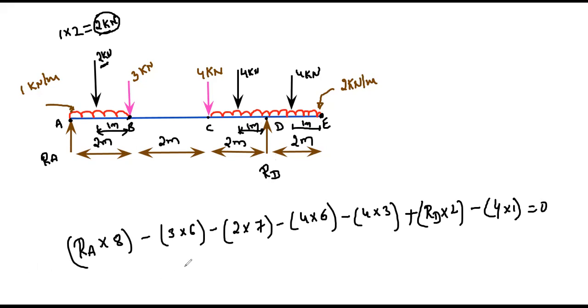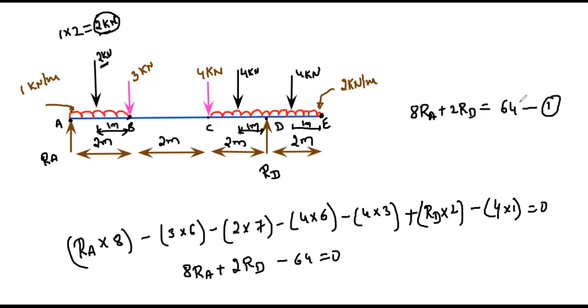So I can write this equation as 8 RA plus 2 RD minus, if you simplify, 64 is equal to 0. Or you can write 8 RA plus 2 RD is equal to 64. This is equation number 1.